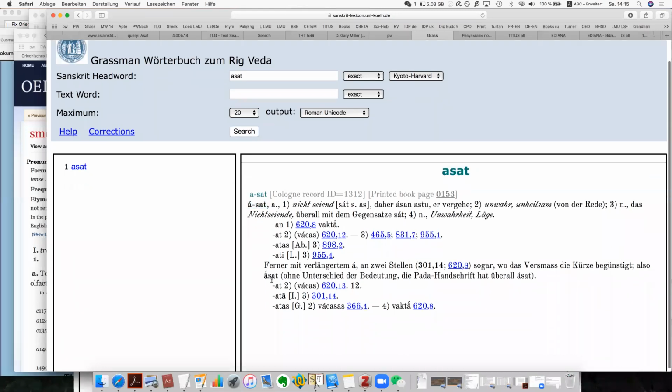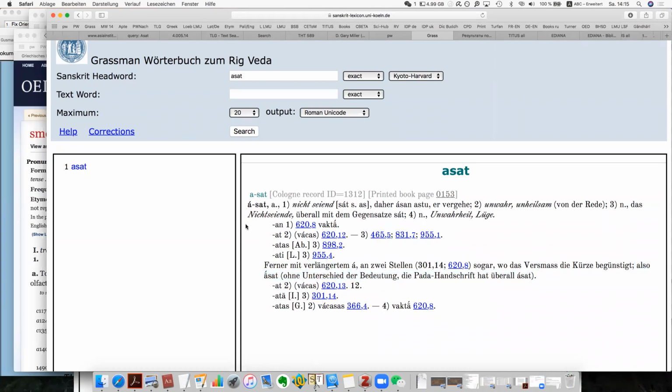But take a look. Ferner mit Verlängerung, so hier, also asat ohne Unterschied der Bedeutung. Die Pada-Handschriften hat überall asat. So what is the meaning of this sentence?